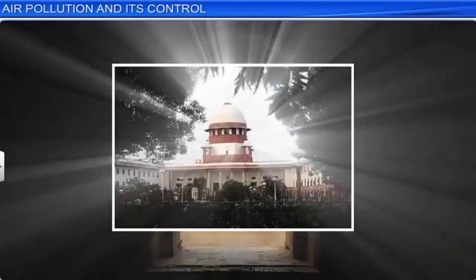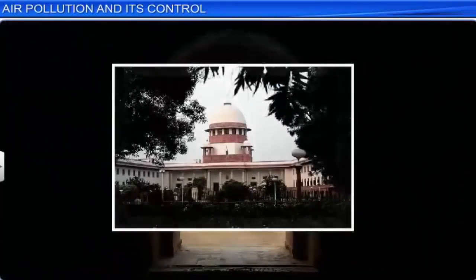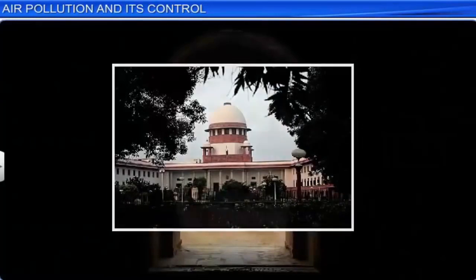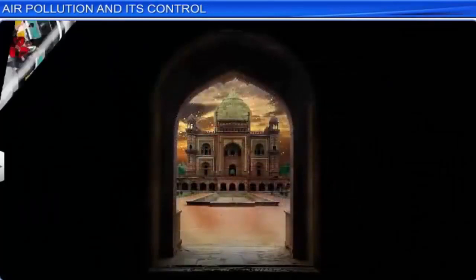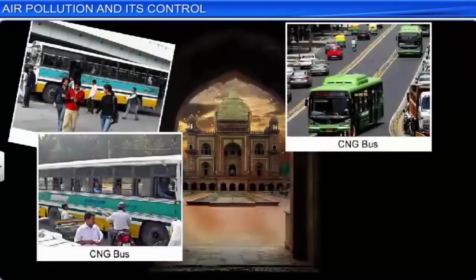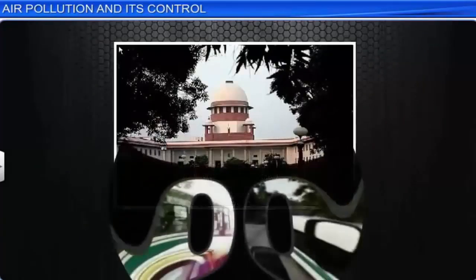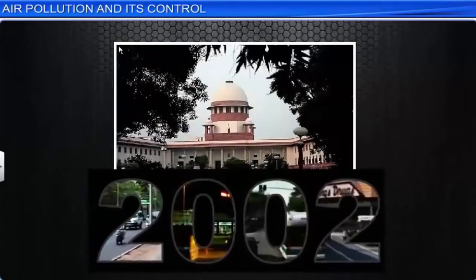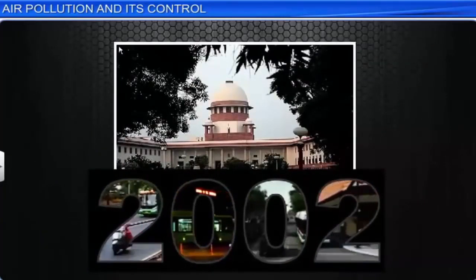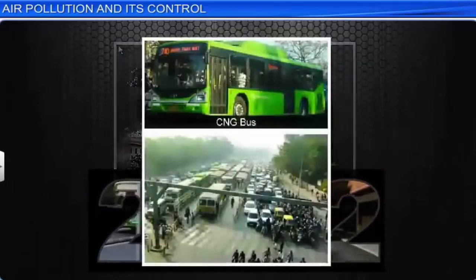The court asked the government to take appropriate measures in a specified time frame, which also included converting all diesel buses to CNG buses. In fact, by the end of 2002, all buses in Delhi were running on cheaper and more efficient CNG.